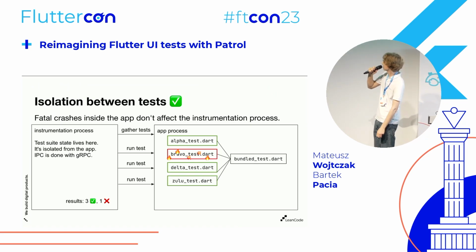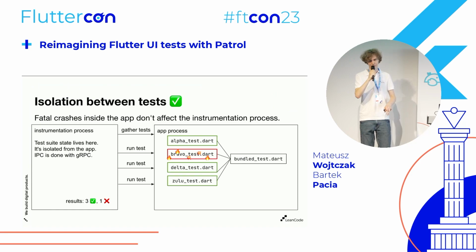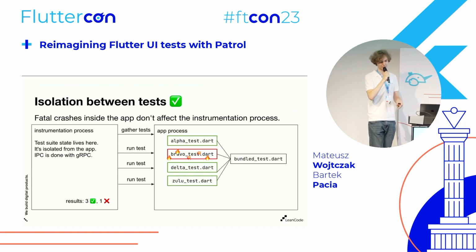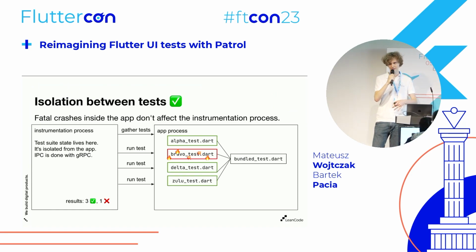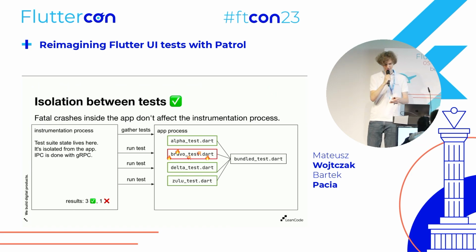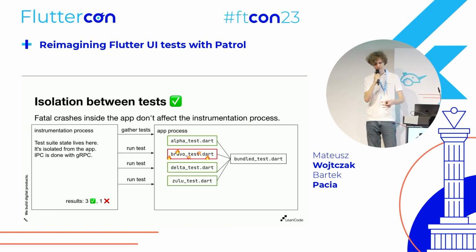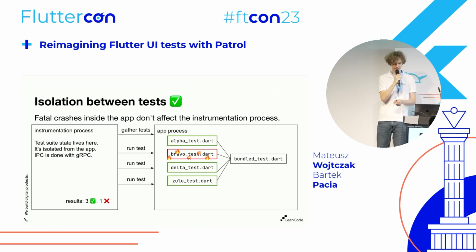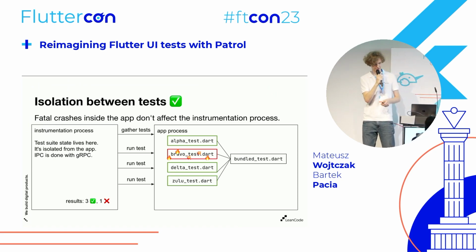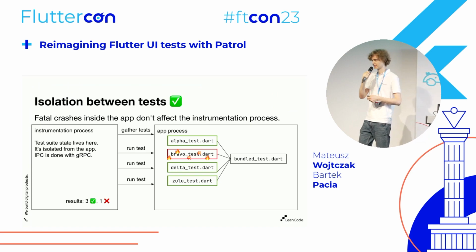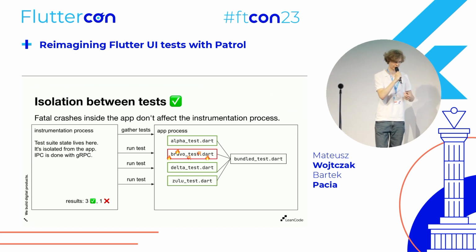So now you can have all your tests in a single app binary, so you no longer spend hours and hours building them. You can build it just once, and then run all these tests in one invocation of testing. But all these tests run in isolation, and we achieved that by running our Flutter tests in a separate app process on each invocation.